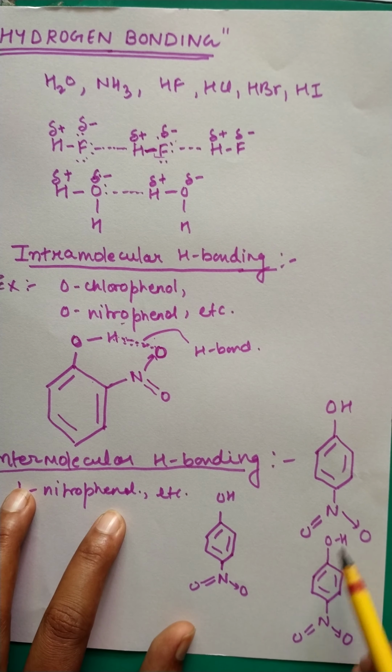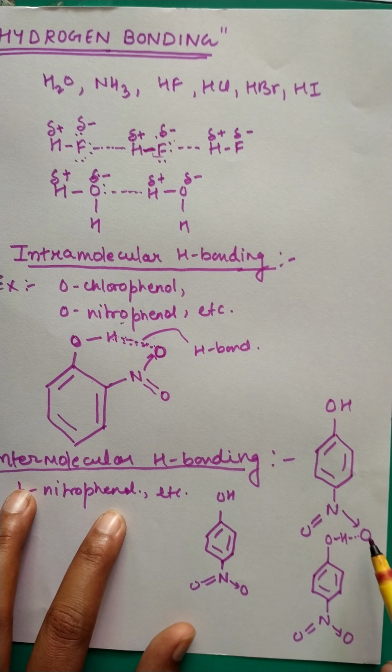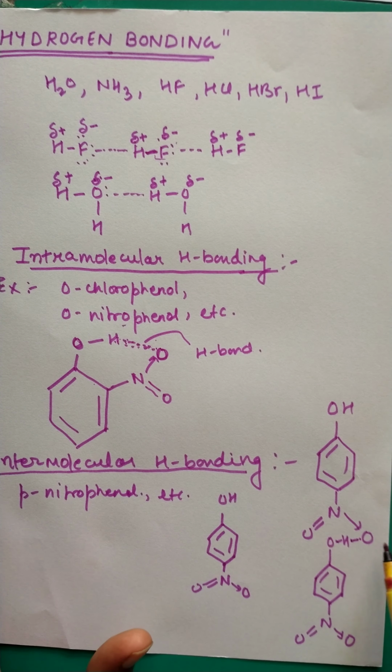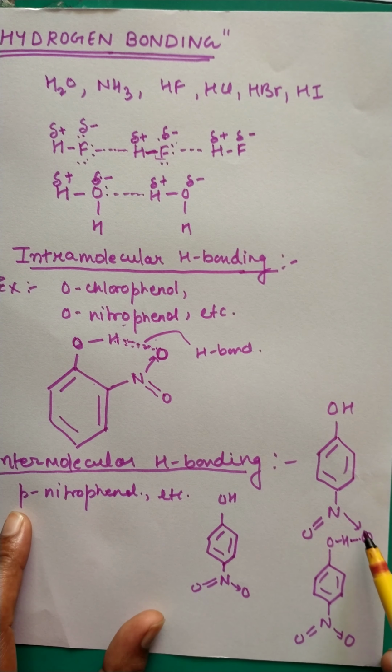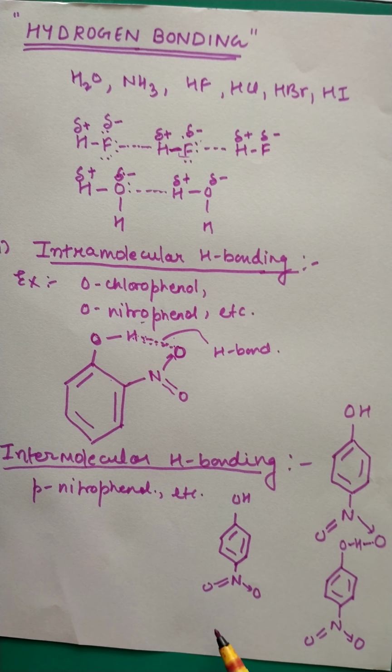So actually what happened is, the oxygen of the nitro group here and the hydrogen of the next molecule come close to each other and form a hydrogen bond. This type of hydrogen bonding is called intermolecular hydrogen bonding, which is found between the molecules.